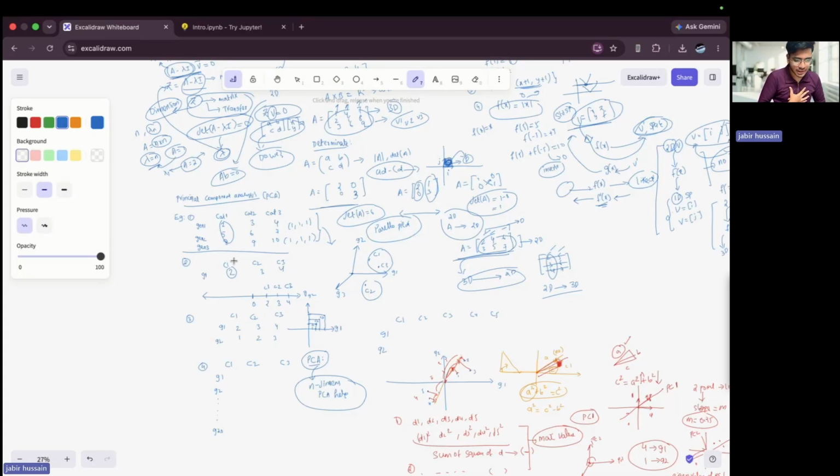Let's assume that I don't have a computer, then how do I implement PCA, and how do I find the different dimensions like PCA1, PCA2 for the given data? I talked about that, and we did a numerical as well.